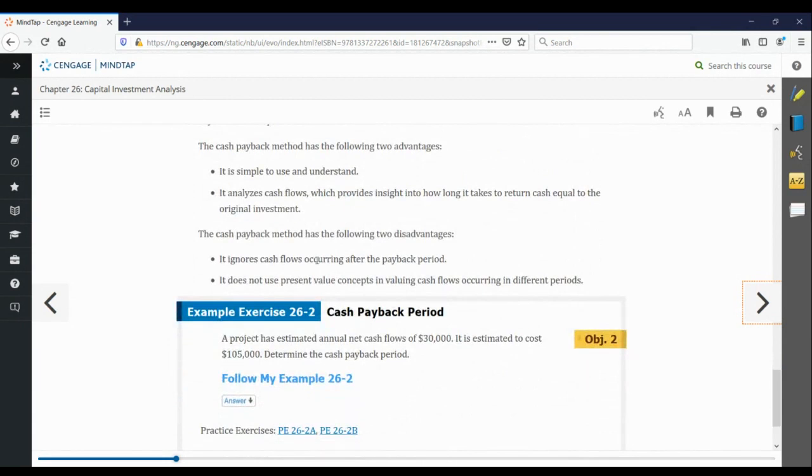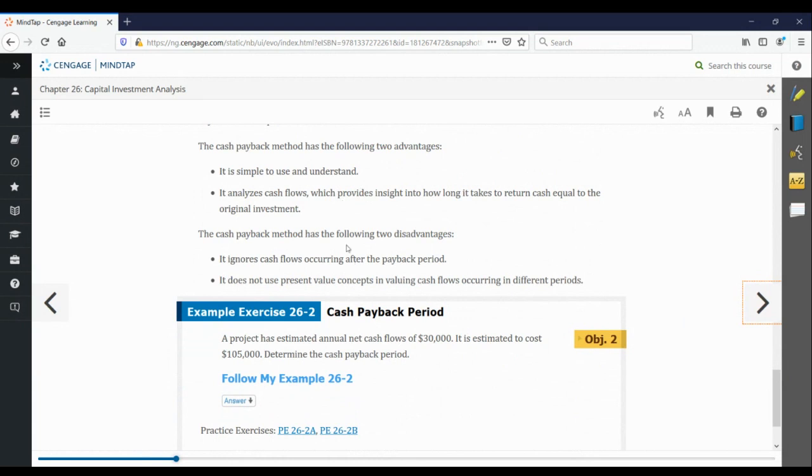But it also has some disadvantages. First of all, it ignores the cash flows that occur after the payback period. With the cash payback period, we are just looking at the number of years it takes us to recover the cost of the asset.